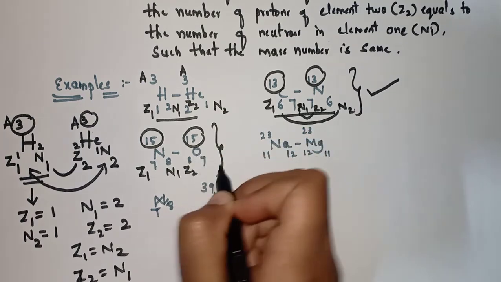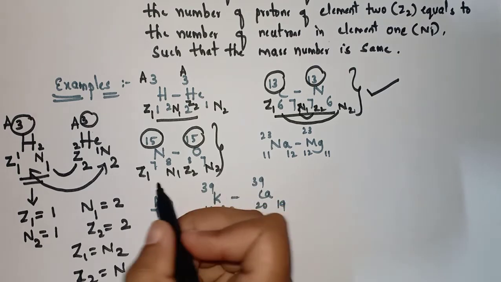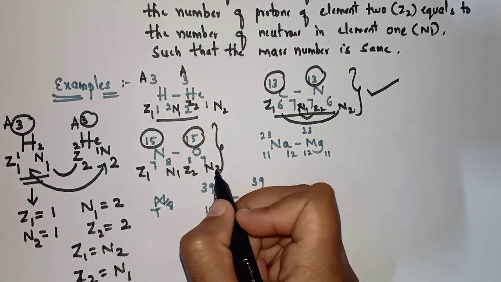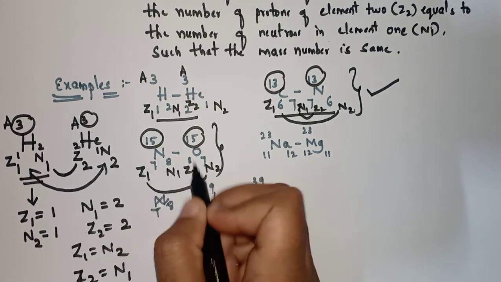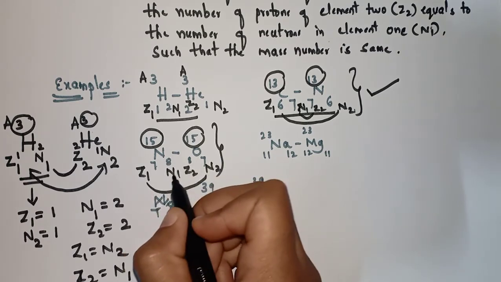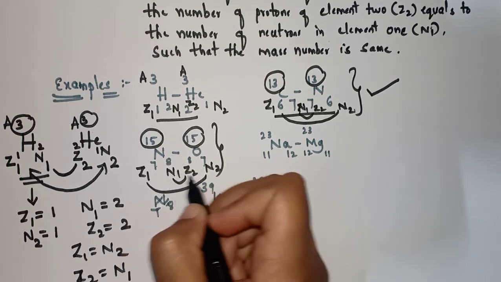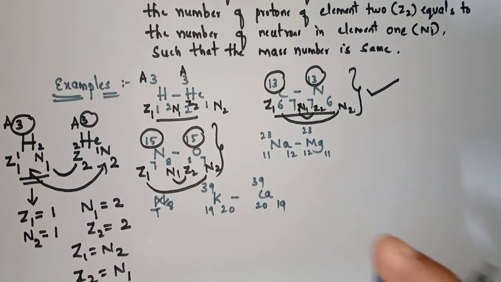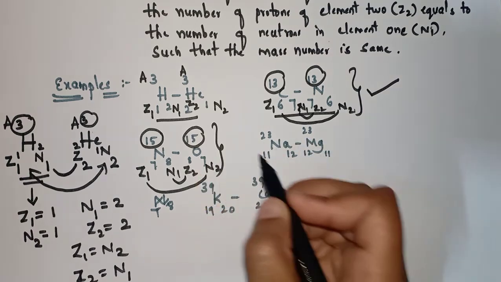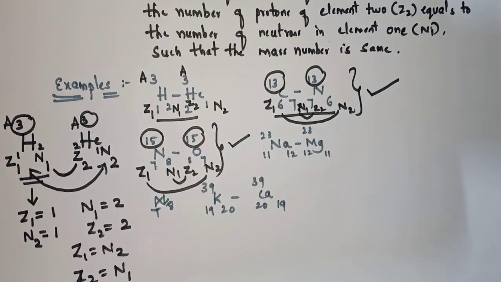So here is Z2 and N2. You can observe Z1 equals N2, because they have the same number, that is 7. N1 equals Z2, they are also the same, because they have the same value, that is 8. This also comes under the mirror nuclei.